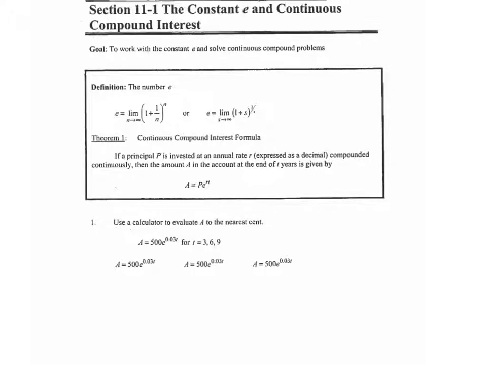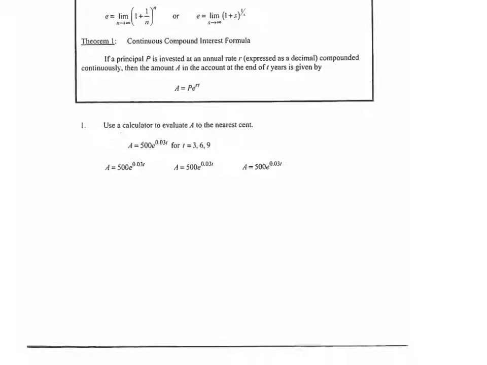So, if we wanted to simply evaluate something that involves e, such as this one right here, A equals 500 times e raised to the 0.03t power, and then they're going to give us some different values for t.